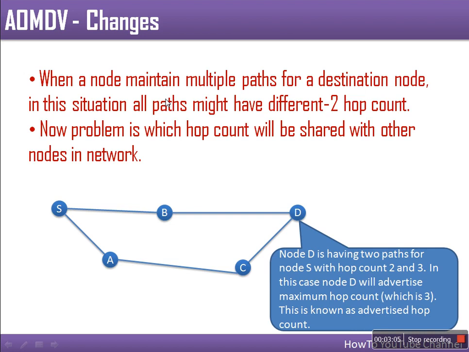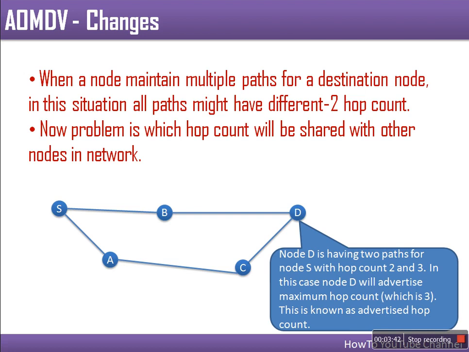Now, when a node maintains multiple paths for a destination, it might be possible that every path has a different hop count. So in AOMDV routing, when these nodes share their information, which hop count will be shared? For example, let's say node D has two paths to node S. This path has hop count 2, this path has hop count 3, and D wants to share this information with another node in a route reply packet.